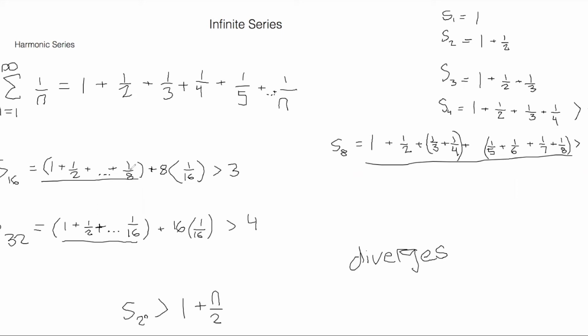So if we have something that is able to be written like this, we can tell that it diverges without doing too much work. So that's the goal of this, to prove convergence much faster and easier, or prove divergence much faster and easier. That is the harmonic series. So let's do some more examples.